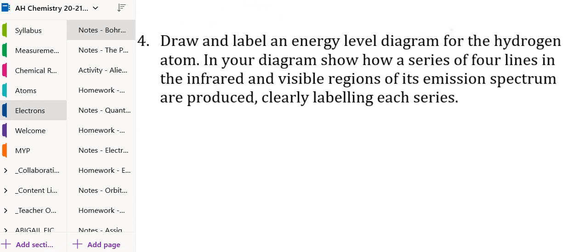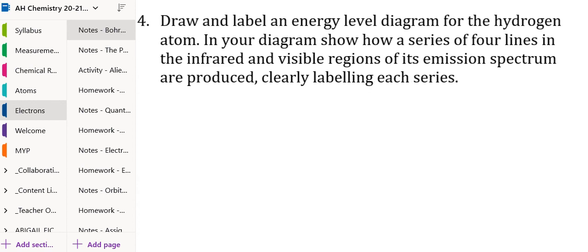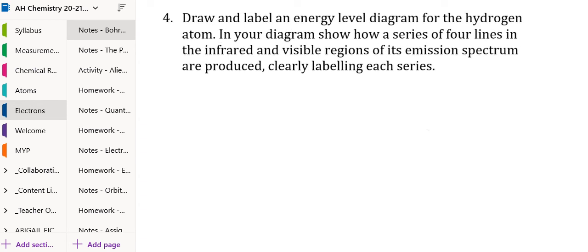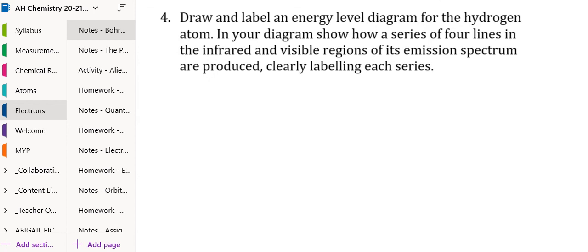Okay, now let's practice drawing the energy level diagrams, so the lines that show electron transitions. It says, draw and label an energy level diagram for the hydrogen atom. In your diagram, show the series of 4 lines in the infrared and visible emission spectrum, clearly labeling each.